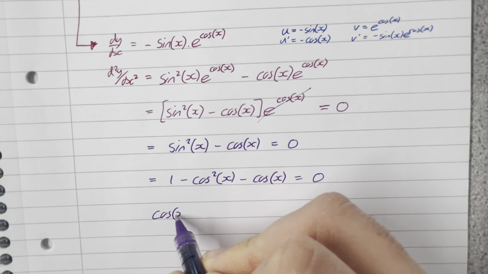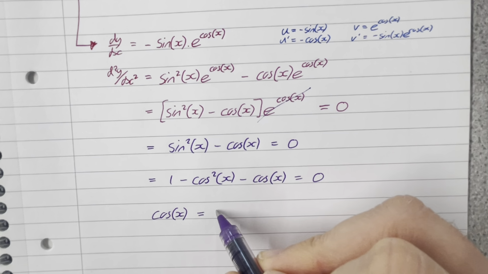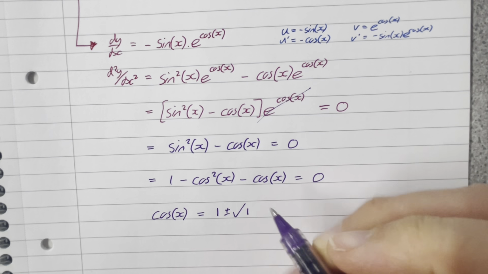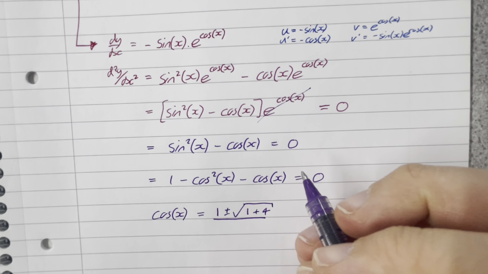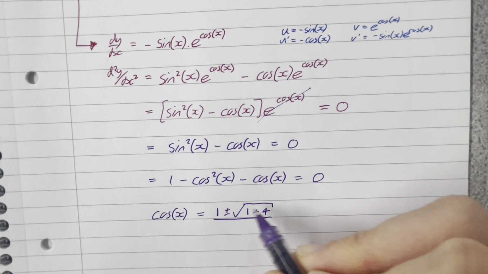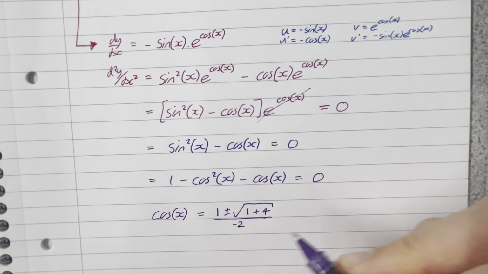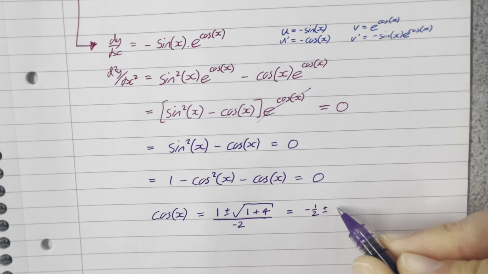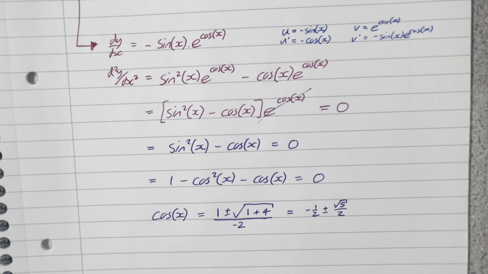So cos of x is going to equal minus b plus or minus the square root of b squared minus 4ac, all divided by 2a. A is negative 1. There we go. So that is equal to minus a half plus or minus root 5 on 2. Okay, so those are my critical values, and let's find out what x values that gives.